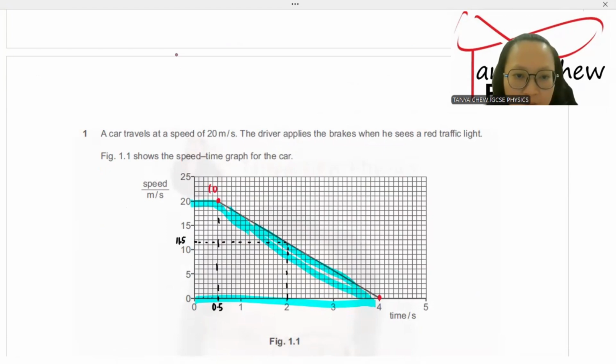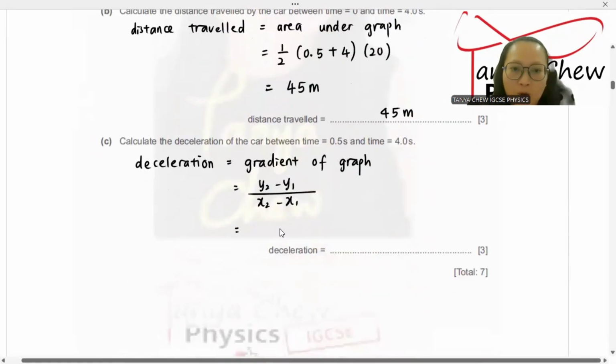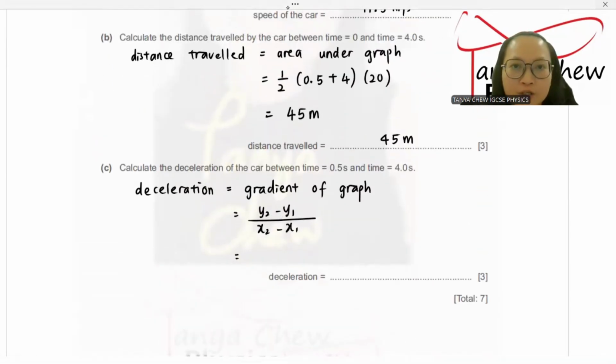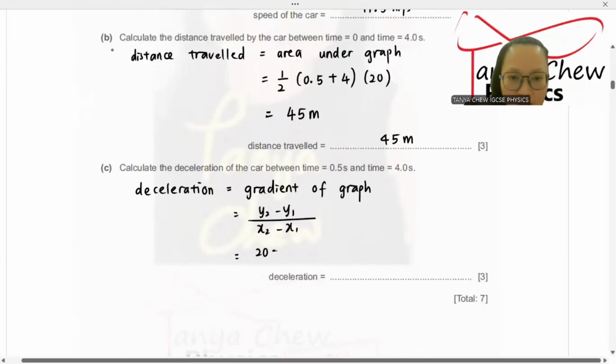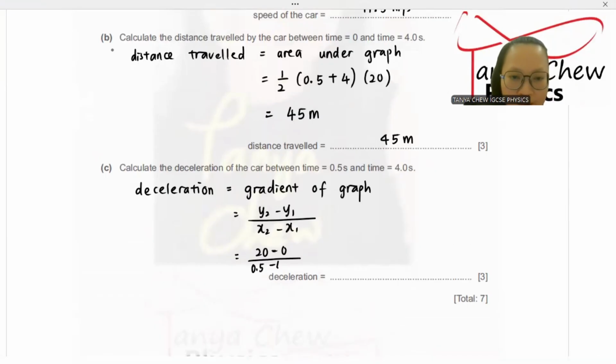So I get the value here, 0.5 is my time. My speed is 20, and at 4, time is 4, but the speed is equal to 0. Now, y2, you need to get a negative value because this is deceleration. y2, I put it as 20 minus 0. x2, I put it as 0.5 minus 4.